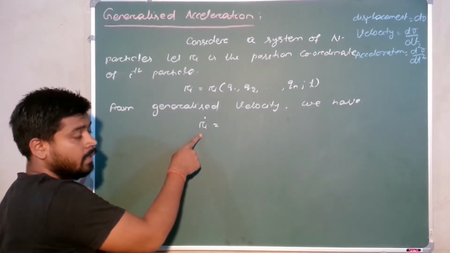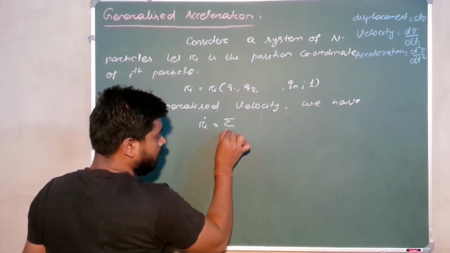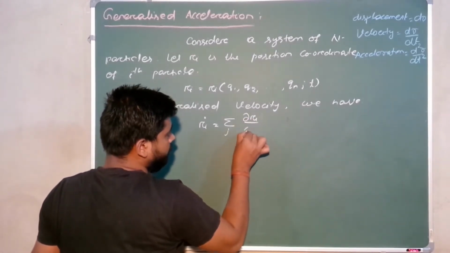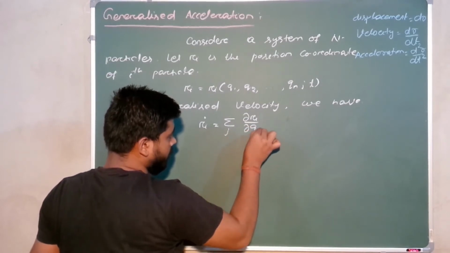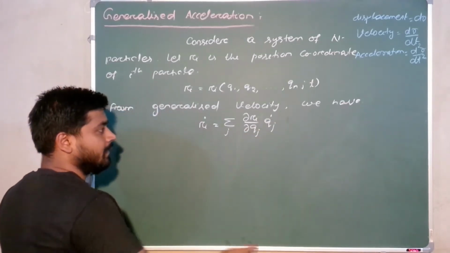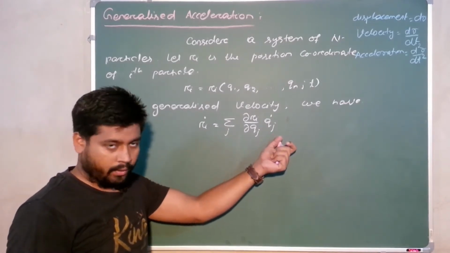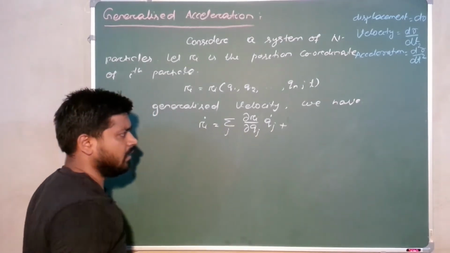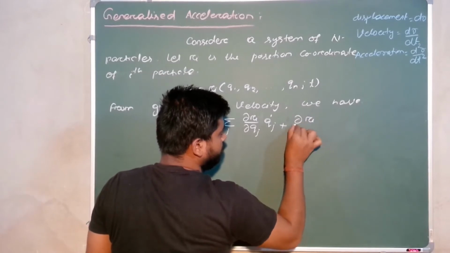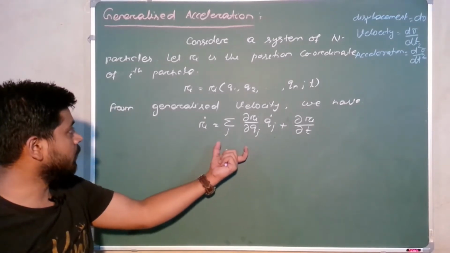Ri dot is the velocity in configuration space. We got summation over j of dou Ri by dou Qj times Qj dot. This Qj dot is the generalized velocity, because Qj is the generalized coordinate. Then another second term is there which depends upon time, that is dou Ri by dou t. This we got from the previous lecture, the generalized velocity lecture.